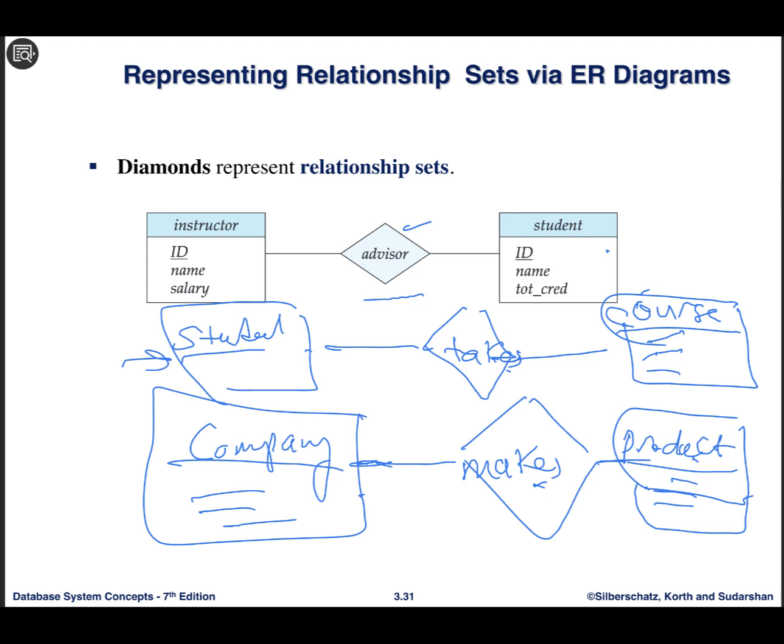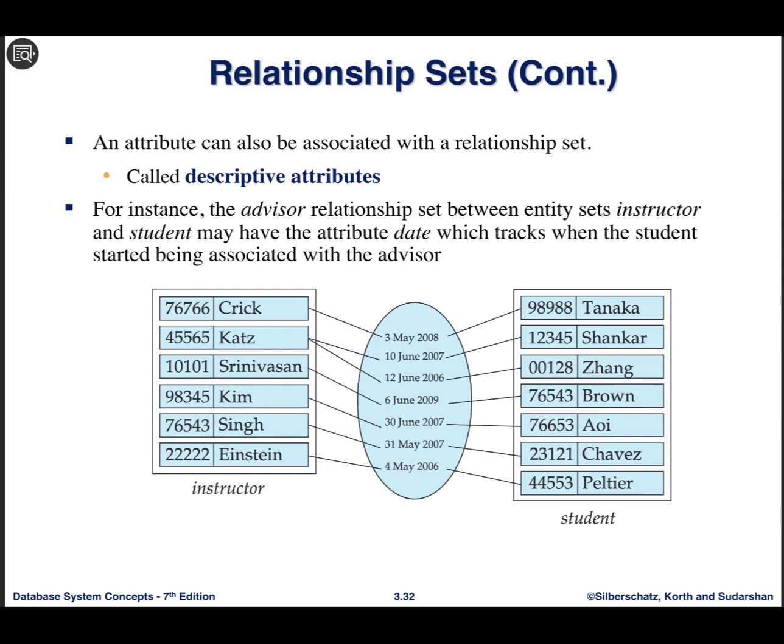So you see that the names of the entity sets are going to be nouns, and in most cases the names of the relationships are going to be verbs. Here you can say advising, something like this, or advice.